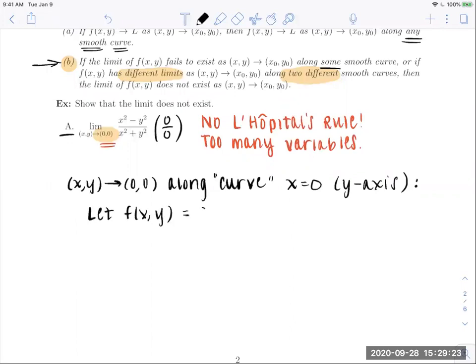So in this case, (x squared minus y squared) over (x squared plus y squared). All right, now I want to look at x equals 0. So if x equals 0, then we're looking at the function f of (0, y). So wherever I saw an x, I'm now plugging in 0.